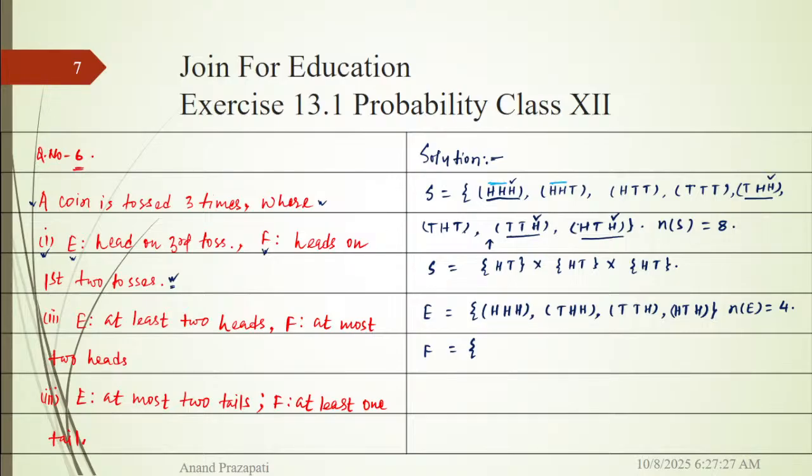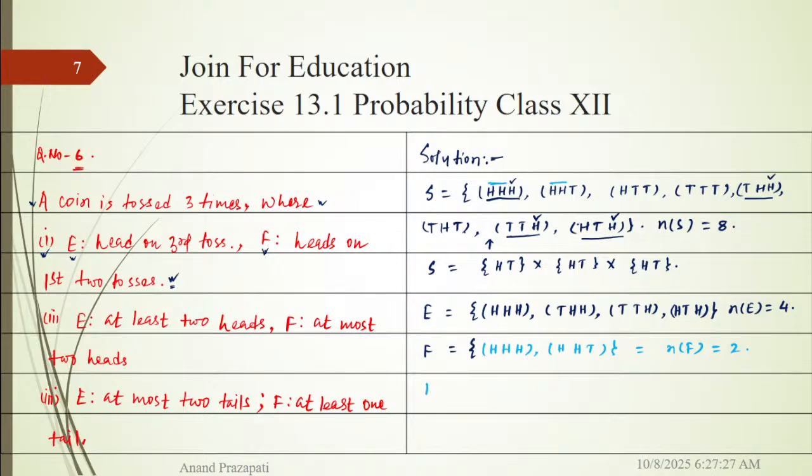So we write down here HHH and HHT. So the number of F equals 2. Observe, there is no problem to understand up to this step.